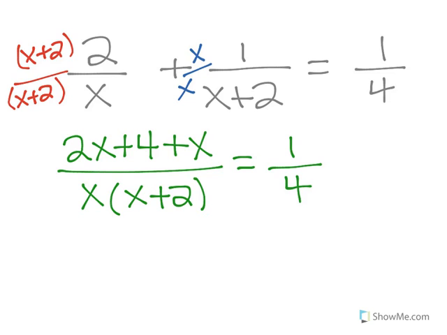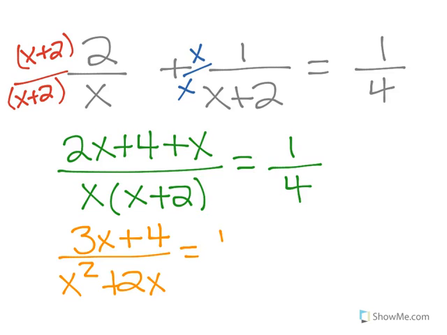Okay, so now I'm going to simplify that numerator, and I will distribute that x times x plus 2 in the denominator, just so that when we cross multiply, like in our first example, we don't have to double distribute the x and a constant. So I'm going to get 3x plus 4 over x squared plus 2x, and it's equal to 1 over 4.